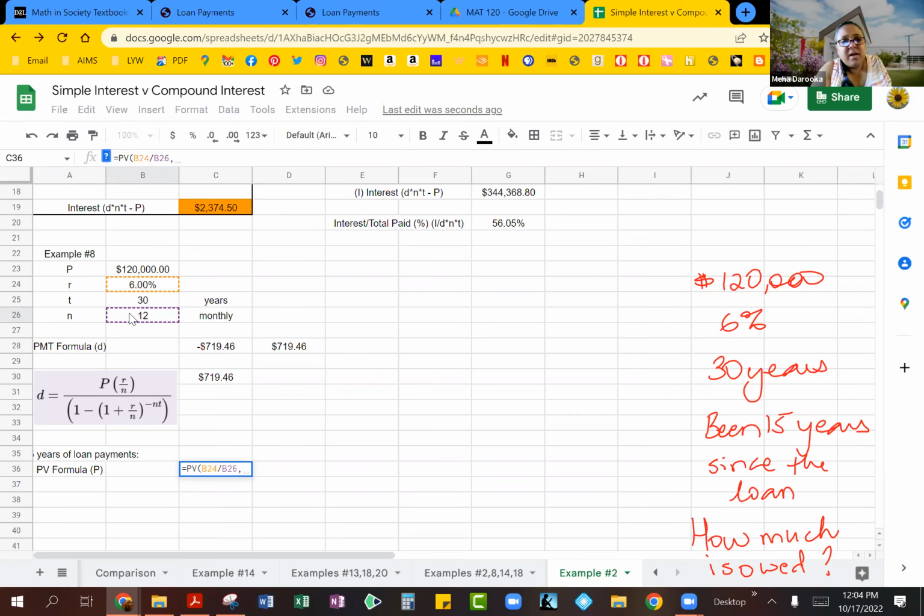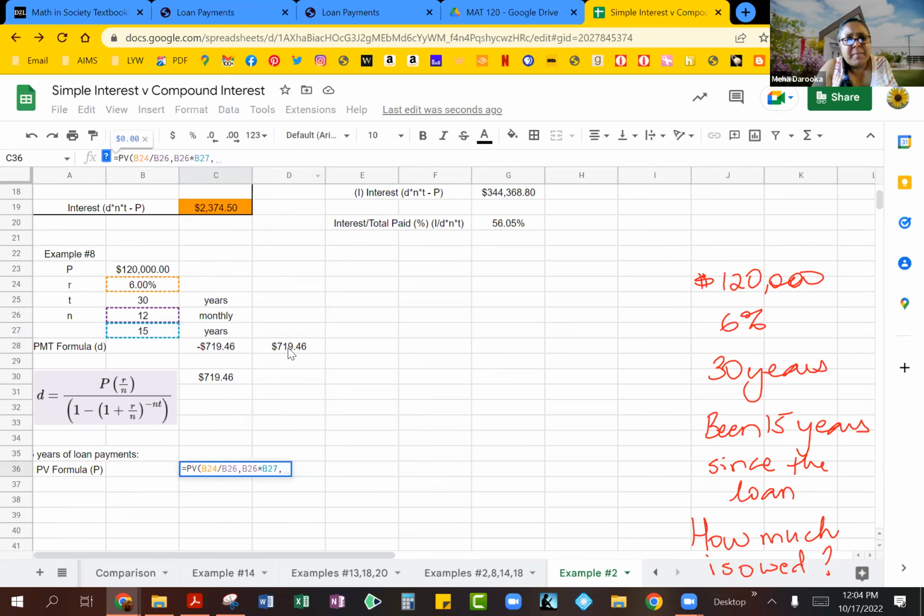And this is where we need to do the monthly times, and this is where I'm actually going to put my 15 years. So let's do this as 15 years where you have paid your loan. So that's going to be your N times T. So this is the 15 years. That's where it's coming in.